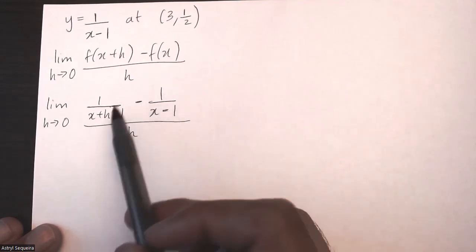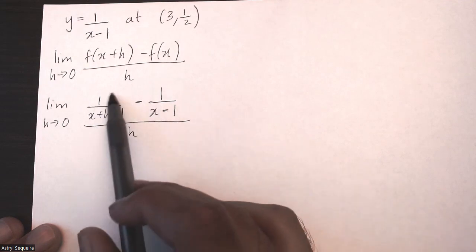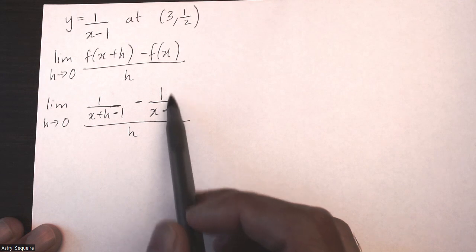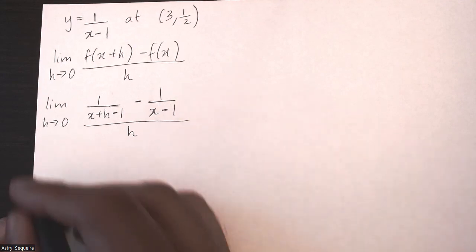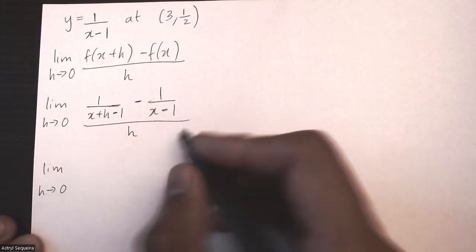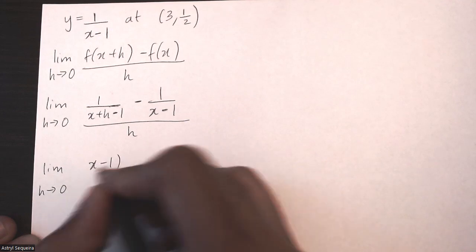Now I have to simplify this. So I'm going to make a common denominator on the top over here. I'm going to multiply x minus 1 in the top and bottom here. I'm going to multiply x plus h minus 1 in the top and bottom over here. So I have lim h approaches 0. This is 1 times x minus 1, which is just x minus 1.